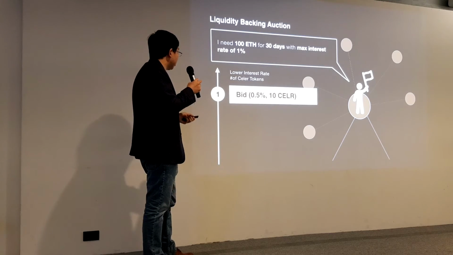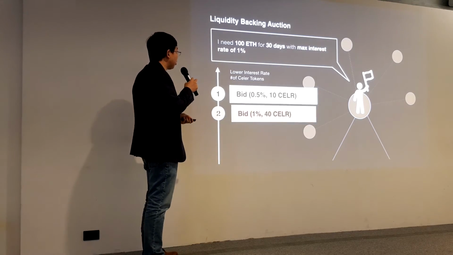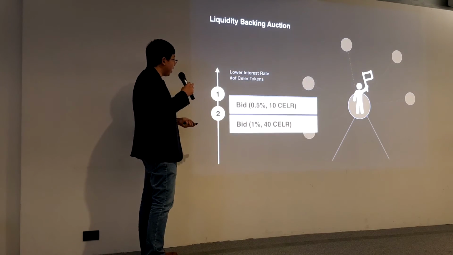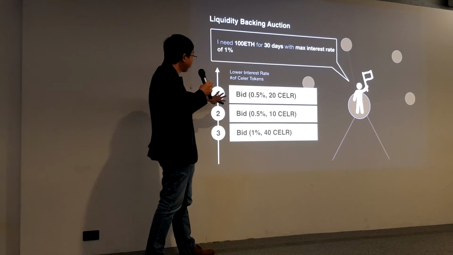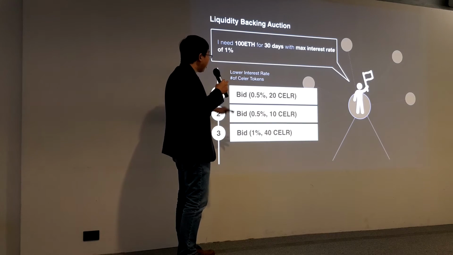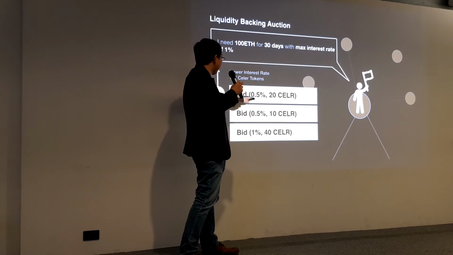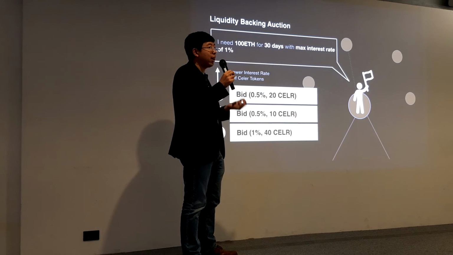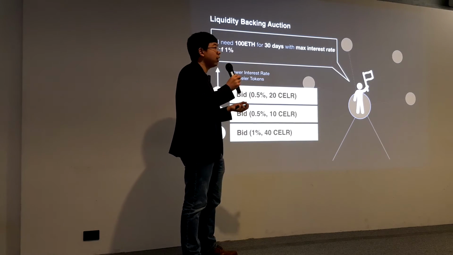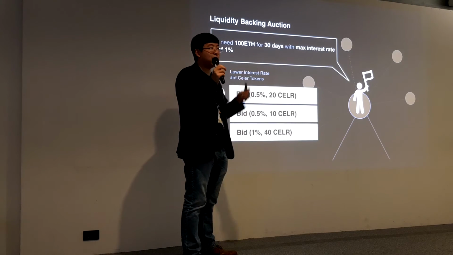interest rate. Some other guy is going to say, I'm willing to lend you for 1% interest rate. And some other guys are also going to say 0.5% interest rate. But the difference between these two bids is that the first bid is at the same time saying, I'm willing to stake 20 Stellar token as my priority node.